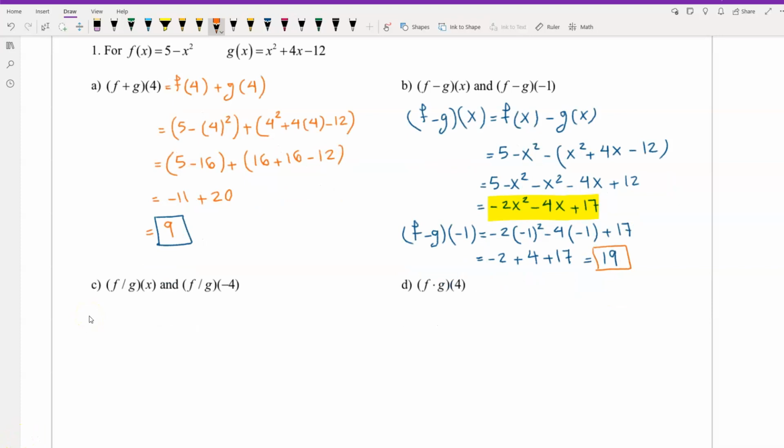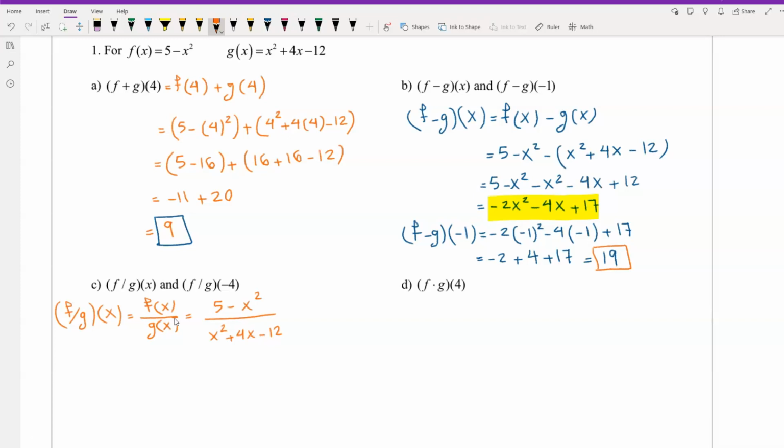Part C, f divided by g of x and f divided by g of negative 4. So first finding f divided by g of x, and that is equal to f of x divided by g of x, equal to 5 minus x squared divided by x squared plus 4x minus 12.